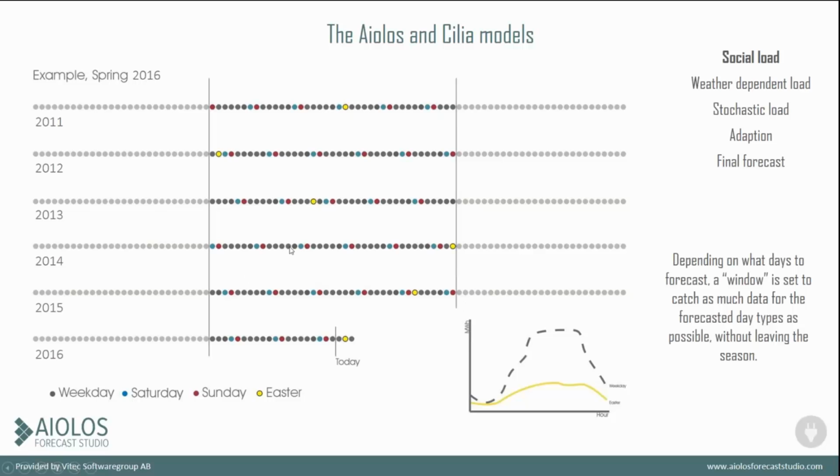So that's roughly a little bit over a month of data that you're looking at for each year. So this is when you're defining your social load for the different date type patterns.